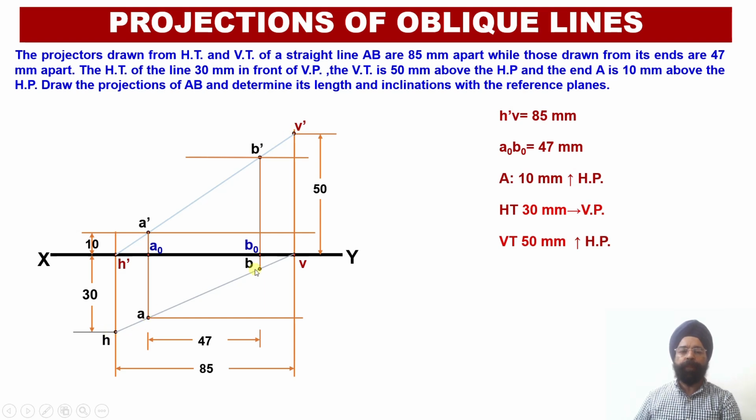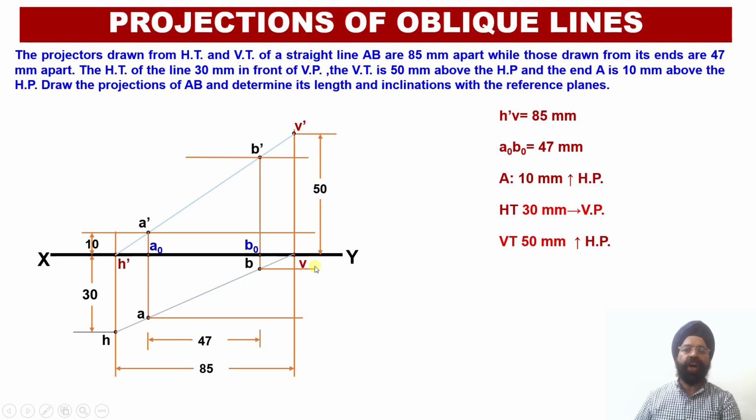Similarly, H, A, B and V will be the 4 points lying alongside one straight line over here. Now, having obtained the points A dash, B dash, I have drawn the horizontal locus lines through these points. Similarly, having obtained the points A and B, the horizontal locus lines have been marked through the points A and B.